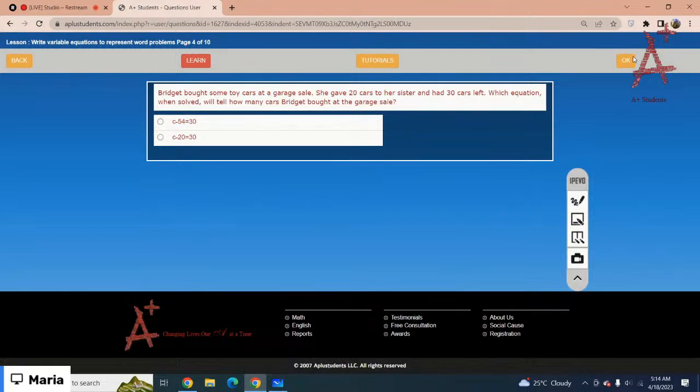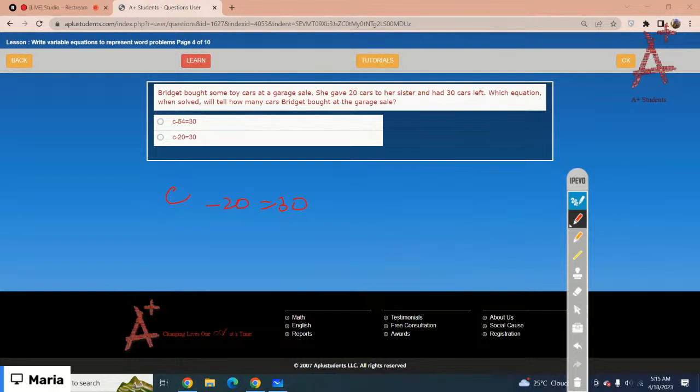Brigitte bought some toy cars at a garage sale. She gave 20 cars to her sister and had 30 left. Which equation, when solved, will tell how many cars she bought? Okay, Brigitte bought some toy cars. You don't know how many, so some cars is C. She gave 20 to her sister. It would be C minus 20, and she is left with 30.